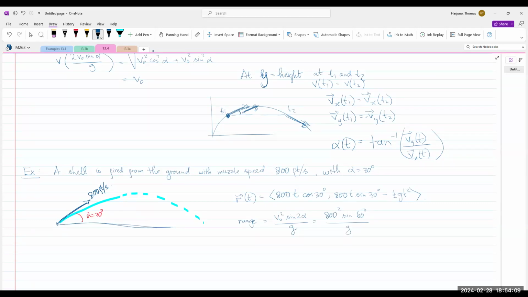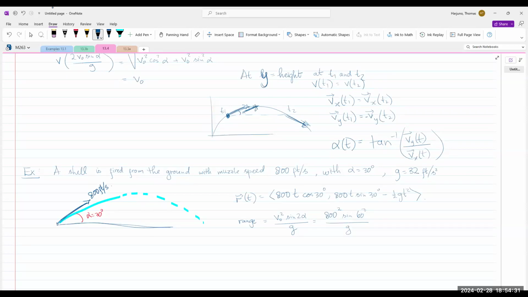Suppose, just for the sake of simplicity, let g equal 10. I'm sorry, is it 10? The g is 32, because it's in feet, so that will be 32 feet per second squared.